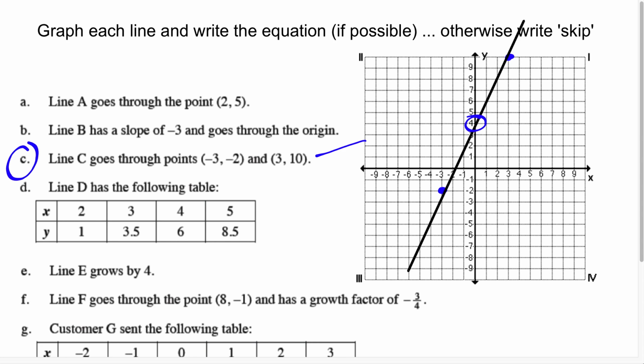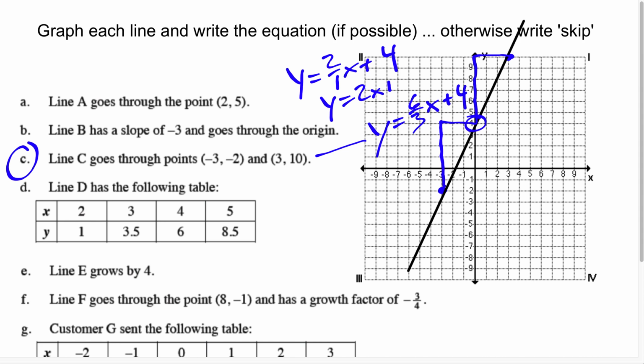So therefore, we can find our slope, which is 6/3, counting up and over. So it's y equals 6/3x plus 4, because here's our y-intercept of 4. Now you could write that as y equals 2/1x plus 4 if you reduce the 6/3, or you can even say y equals 2x plus 4.